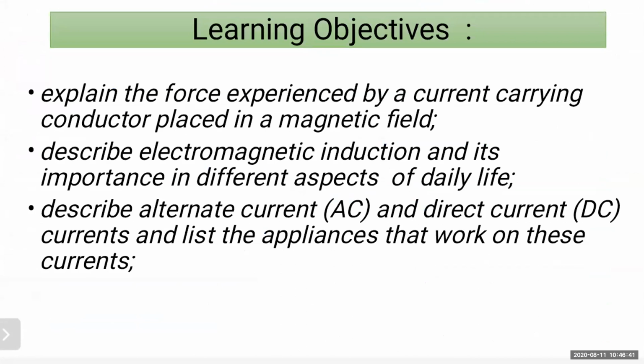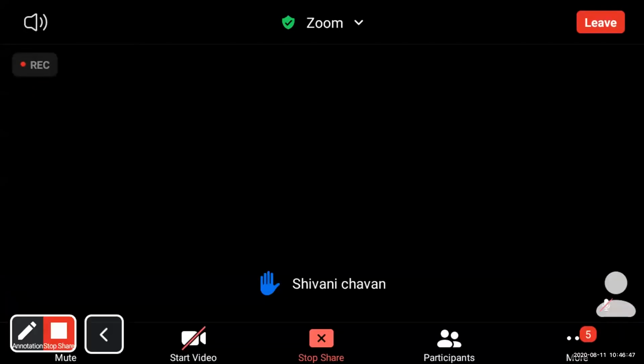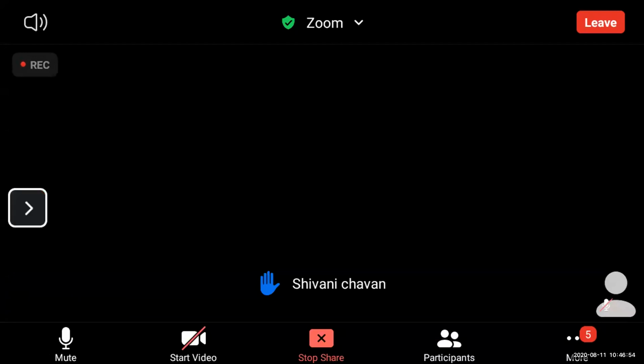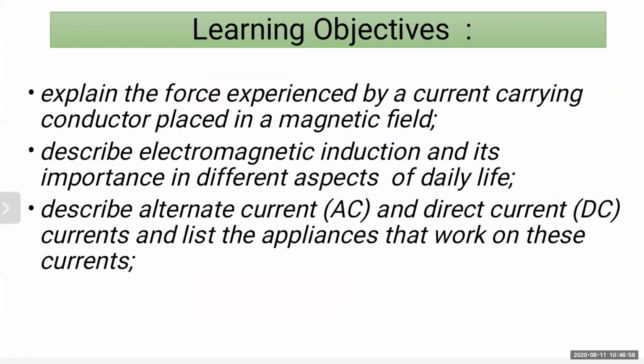First objective is to explain the force that is experienced by the current carrying conductor placed in a magnetic field.